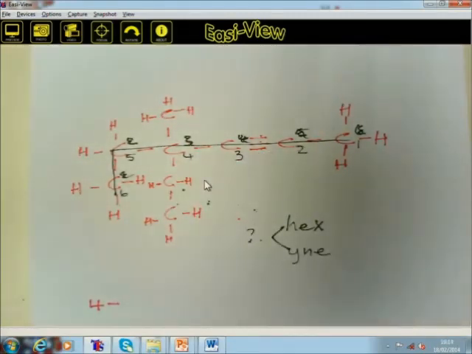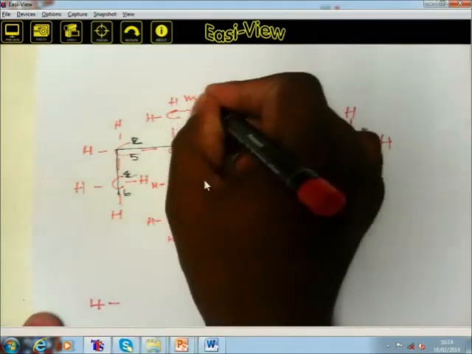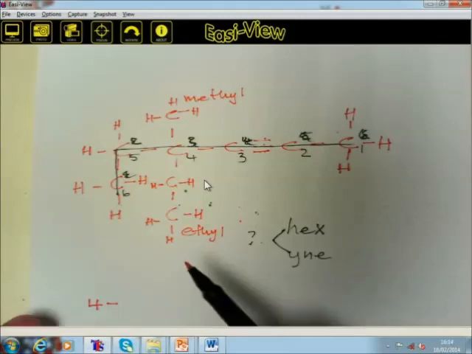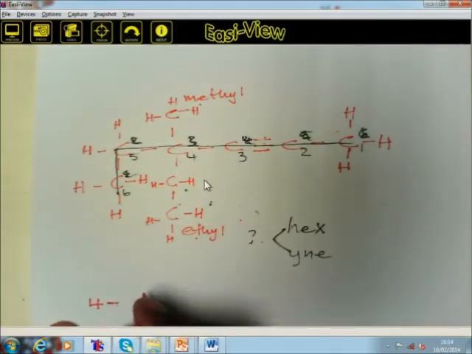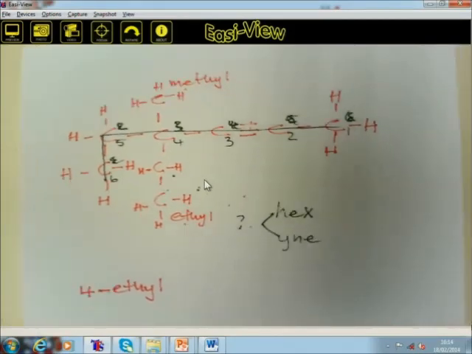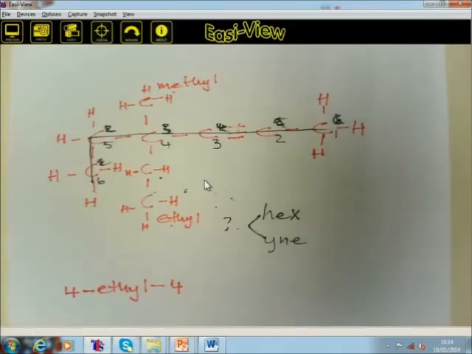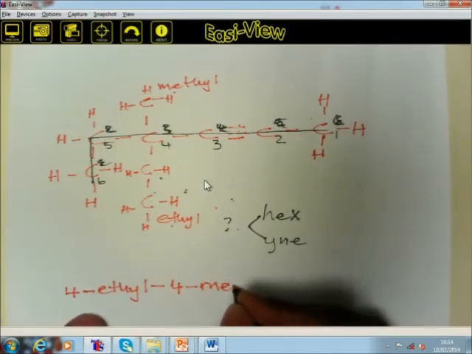Therefore, if I remember well, ethyl, methyl. If I remember my alphabetical order, I know that E comes before M. Therefore, this will be 4-ethyl. And then I've got another substituent, and therefore I must put a dash because I need to indicate the position of that substituent as 4. And then 1 carbon, methyl.